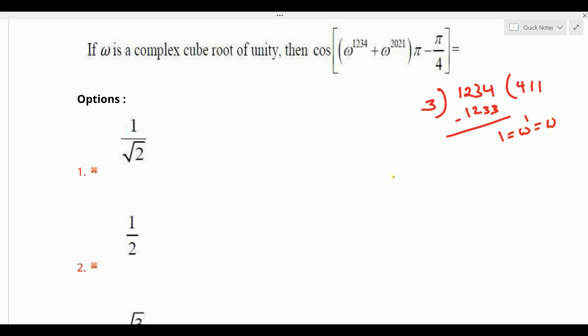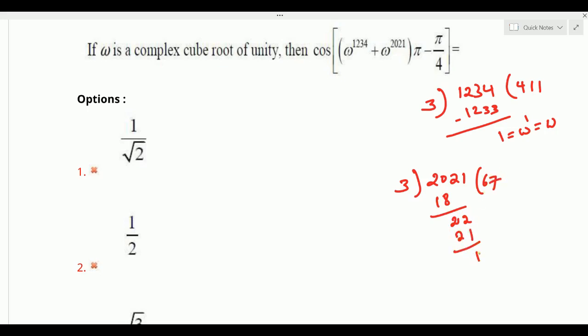And omega power 1234 we can write omega. Similarly omega power 2021. These are the shortcut tips, calculation purpose. 3 to divide చేస్తే 3 6 18, 2 22, 3 6 3 7 21.